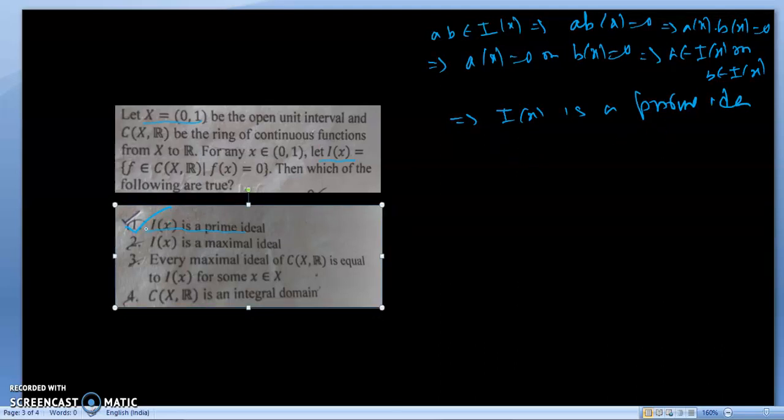Okay, now let's go to the second option: I_x is a maximal ideal. How can we show that I_x is a maximal ideal?